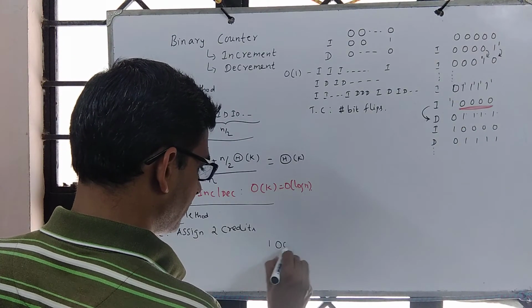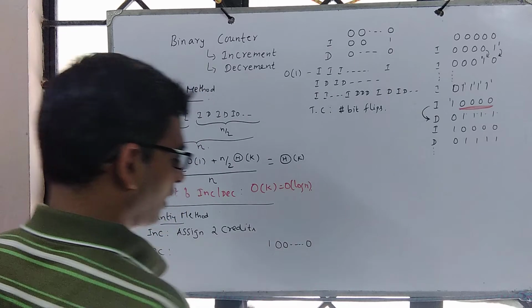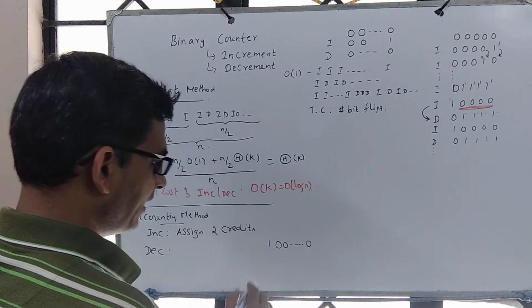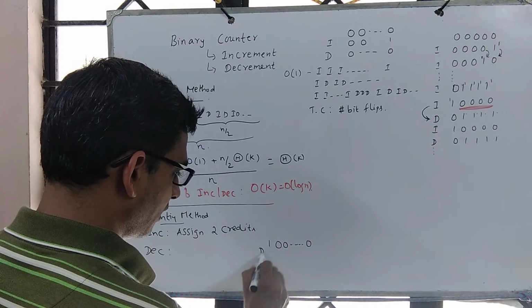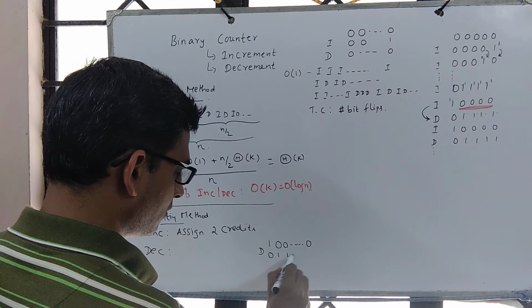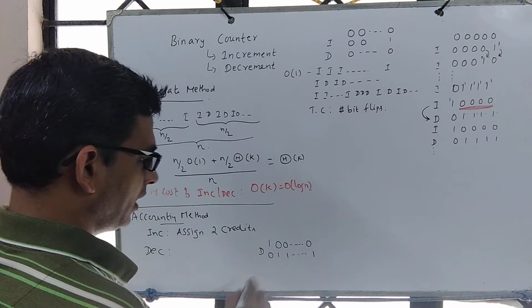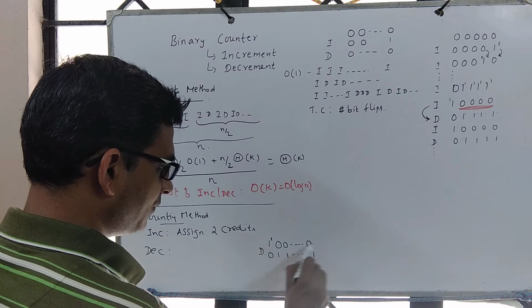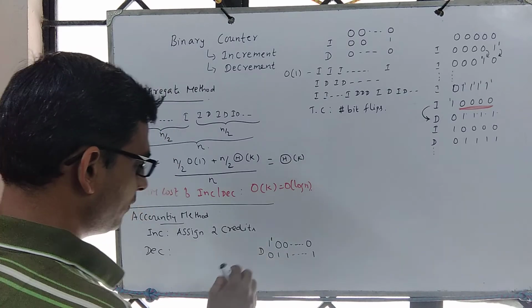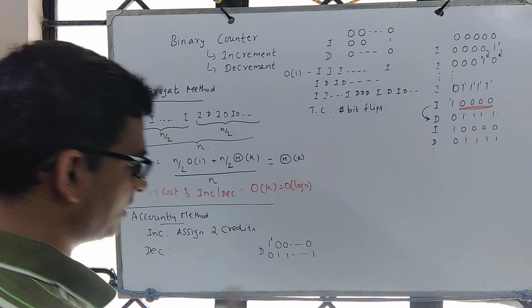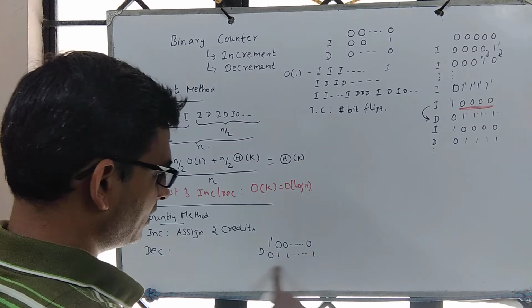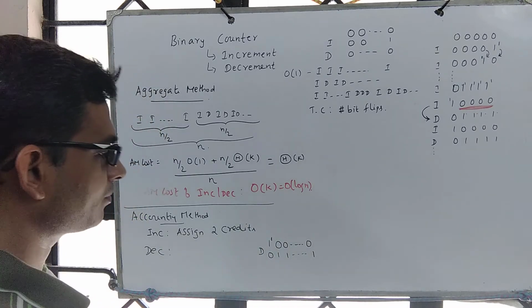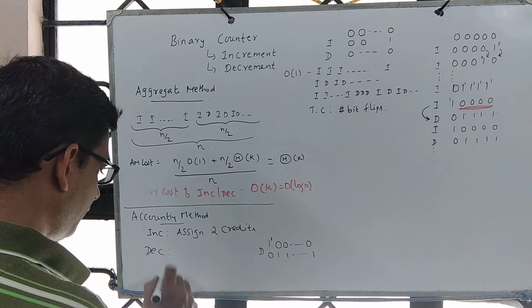Suppose the configuration is this. Now if we perform decrement, then we get 0 in all of this, and we only have 1 credit left with this. With all of this we don't have credits, so we have to sufficiently charge this operation so that this can be carried out. So what we do is the following.